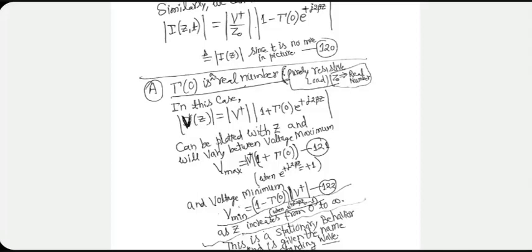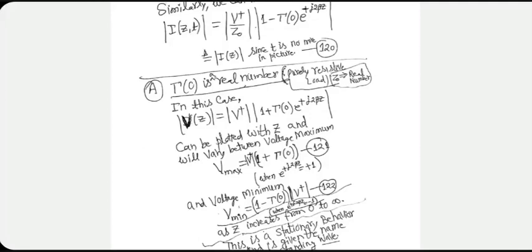So what you see is, and I'll show that in a picture soon, if z changes, that means you're traveling along the length of the line and observing the magnitude of V, you will see maxima, minima successively. One maximum followed by a minimum, then maximum, then minimum.